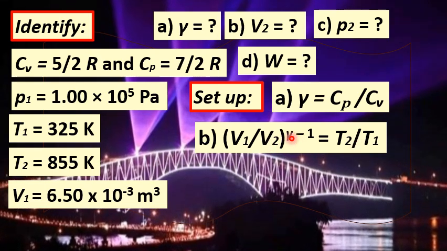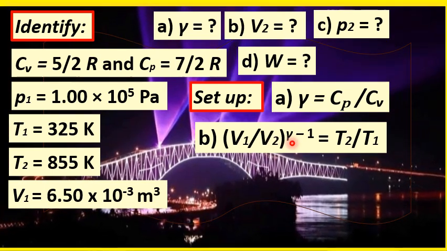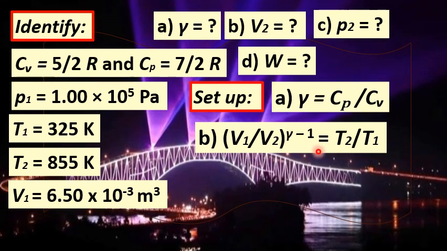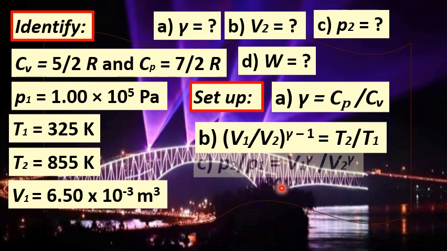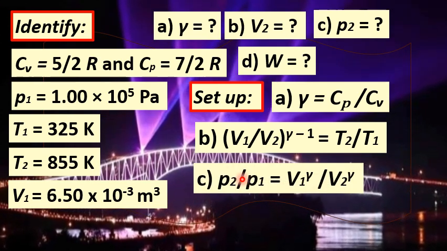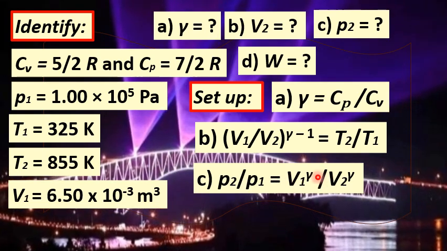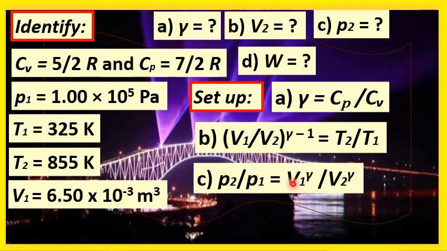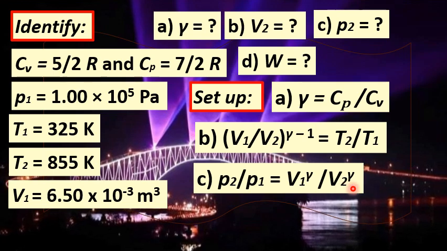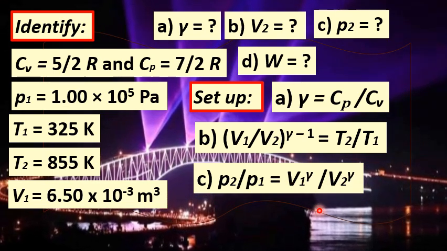So the ratio of V sub 1 over V sub 2 is raised to the power gamma minus 1. And for finding the pressure P sub 2, we also relate it, of course, to P sub 1 and the ratio of V sub 1 and V sub 2, each raised to the power gamma.